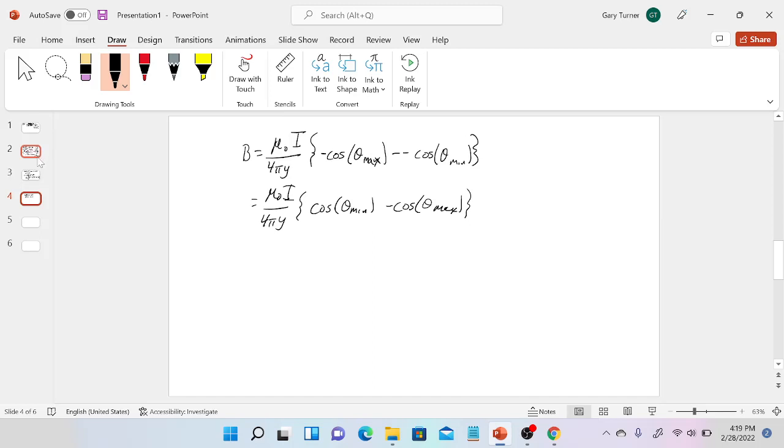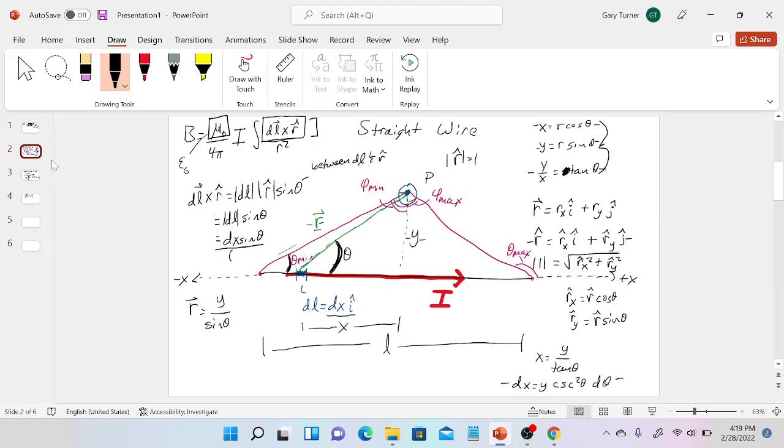But, okay, we can write this in a slightly cleaner way. If I want to use this angle right there, we can call this angle whatever we want. Let's call this angle gamma, okay? Gamma and theta max are related by they're supplementary.